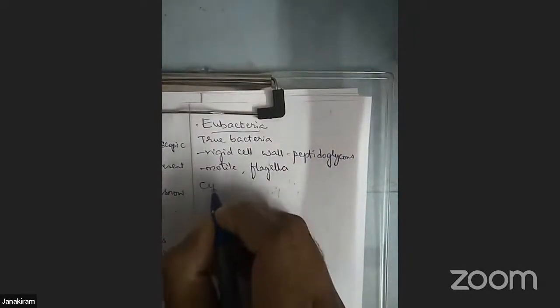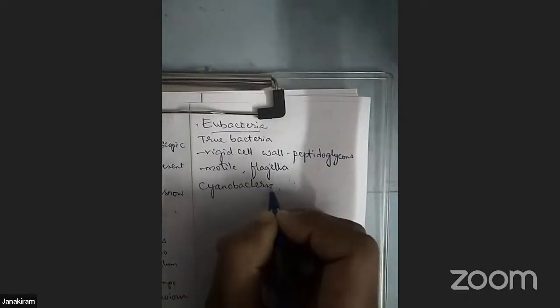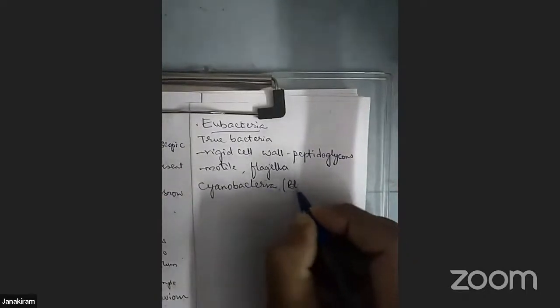In this group only, there is one more group called cyanobacteria. These are generally called blue-green algae.